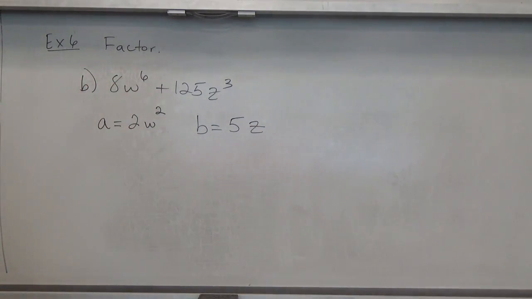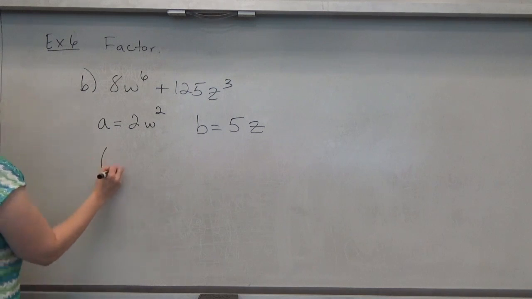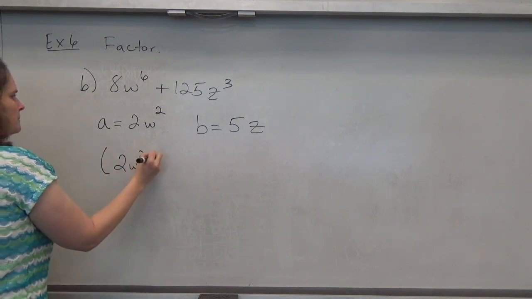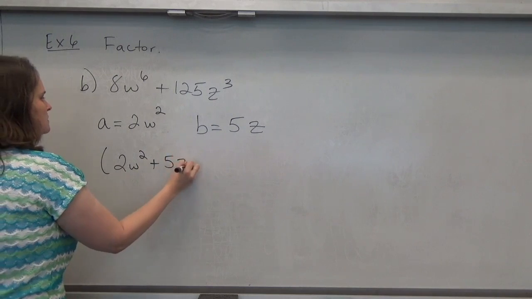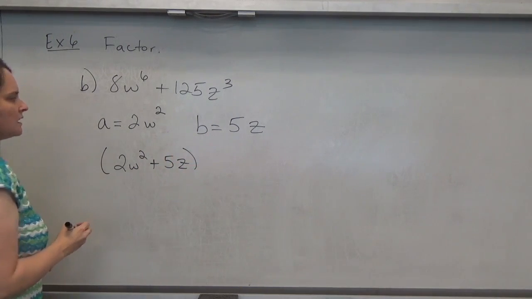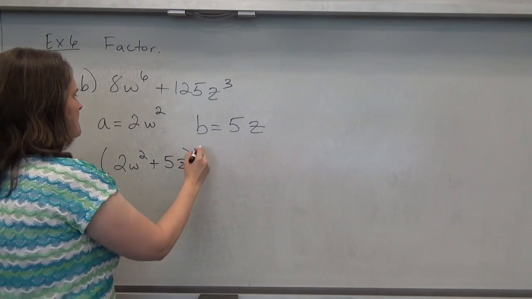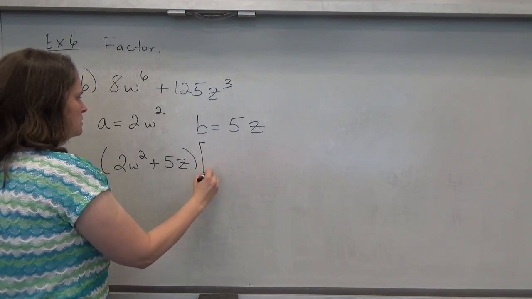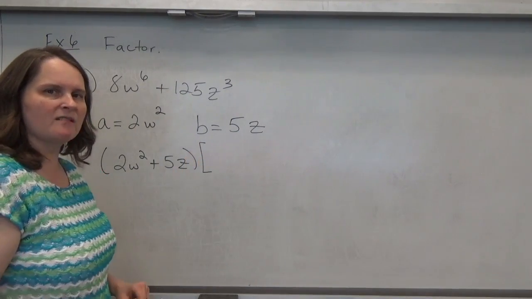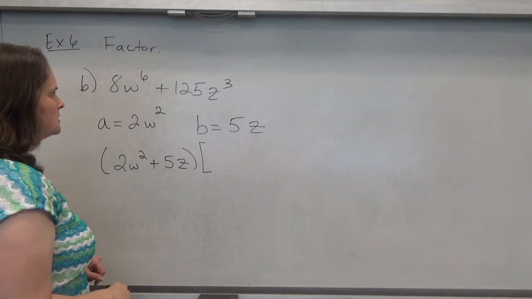And now I'm ready to substitute into my formula. So if I do a plus b, that's 2w squared plus 5z. Okay, and then I've got the trinomial. When I do this, I'm going to use some square brackets because I'll have parentheses inside parentheses.